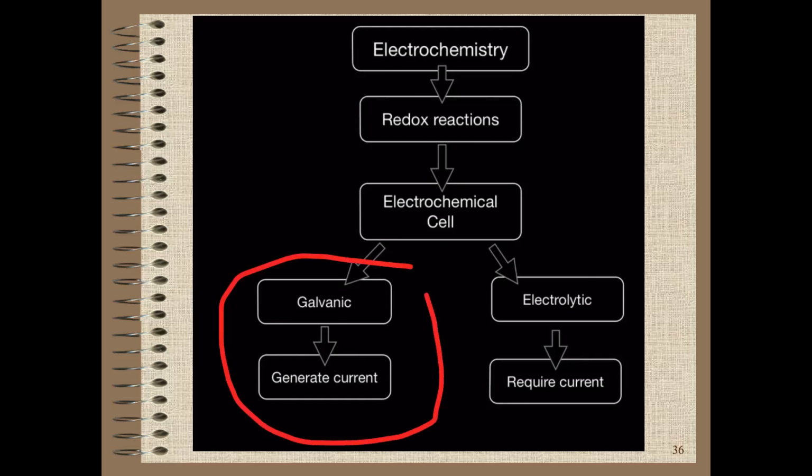So what happens in a galvanic cell? Chemical energy gets converted to electricity. So we're generating electric current. People had trouble with that on the quiz, but it's called a galvanic cell or voltaic cell, either way, and it generates current. And so that's going to be our battery.